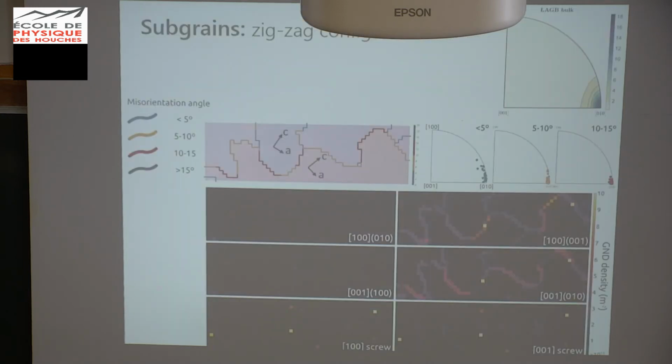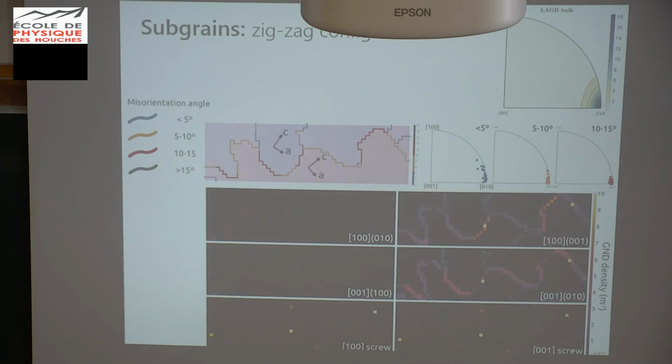So first, this is the zigzag configuration. The olivine is the same with the z-axis perpendicular to the screen, and you can see that only two dislocation types pop up when estimating the GND densities. The funny thing with these two systems is that the high densities for this dislocation type in A coincide with the lower densities of these dislocation types in C, and vice versa.